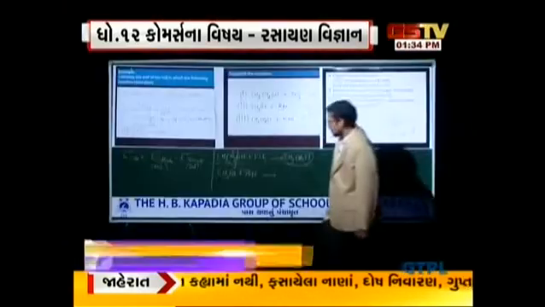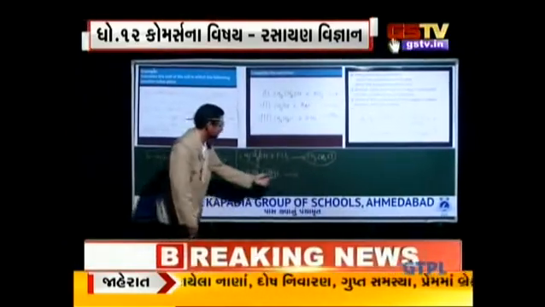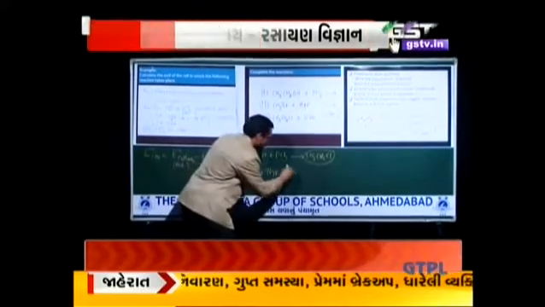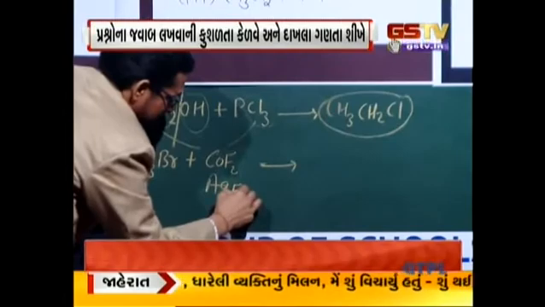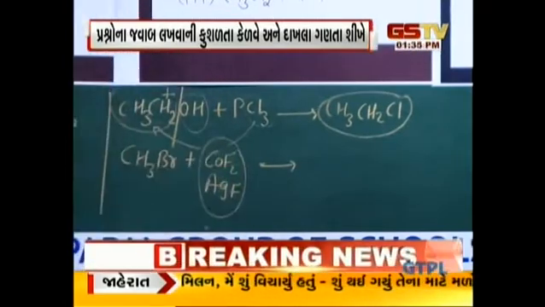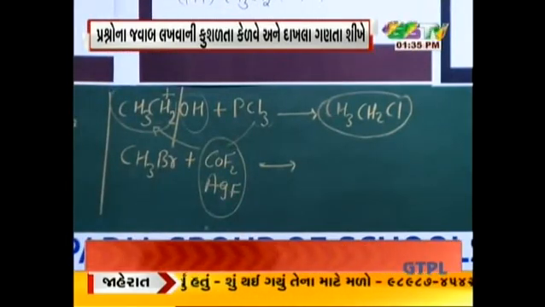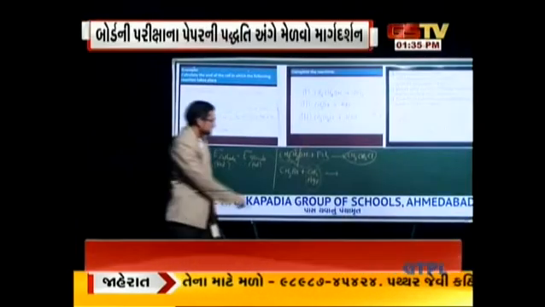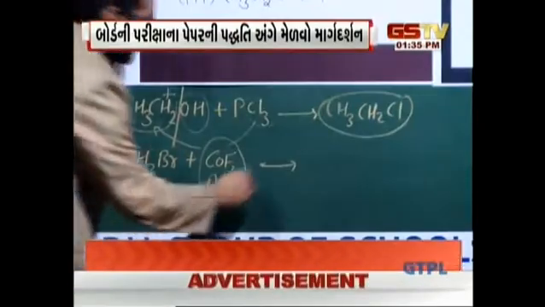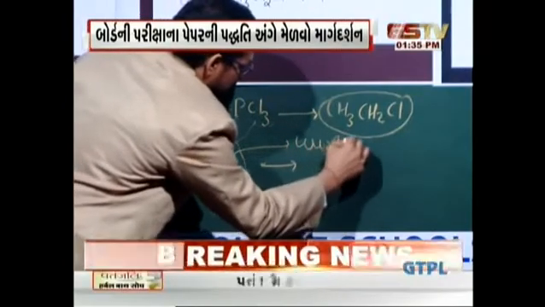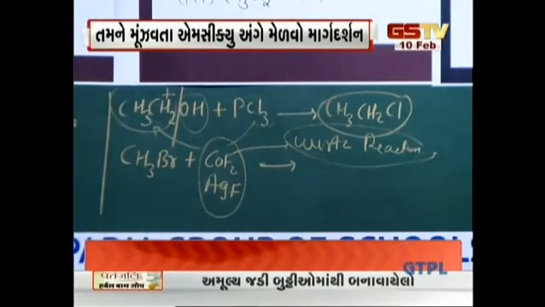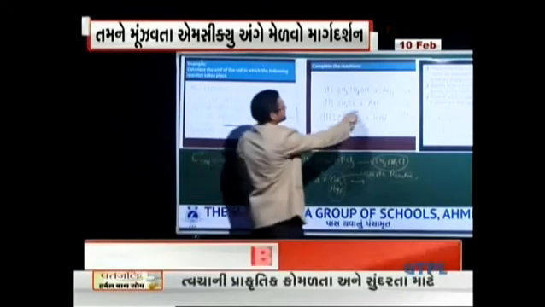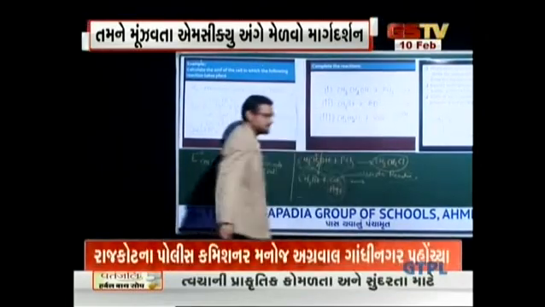Or we can also say that if there is a catalyst like CoF2 or AgF, these kinds of compounds present in the reaction, then always remember that this is Swarts reaction.